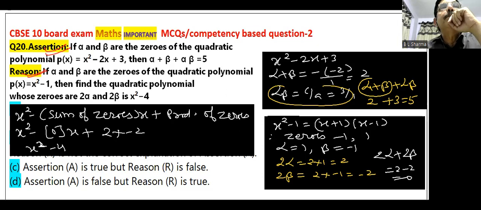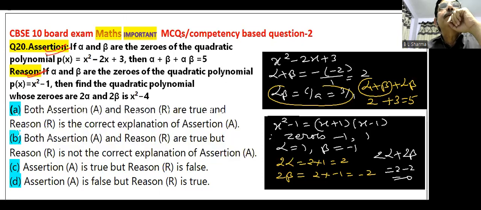That is why B is the correct option here. So we can mark here the answer as B. Both assertion A and reason are true, but reason is not correct explanation of A.